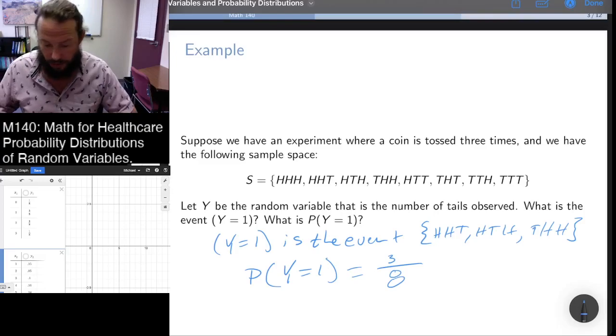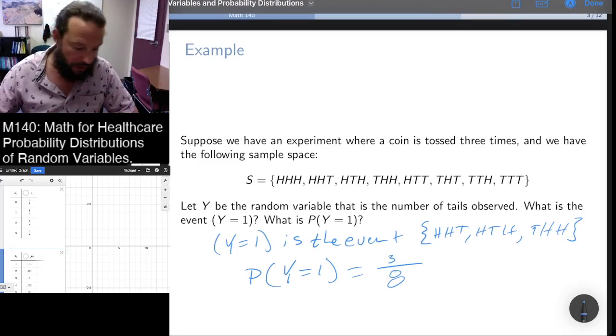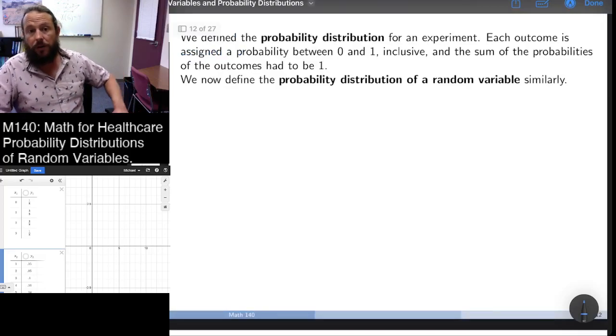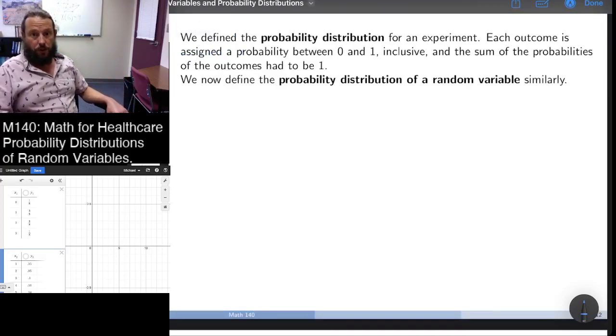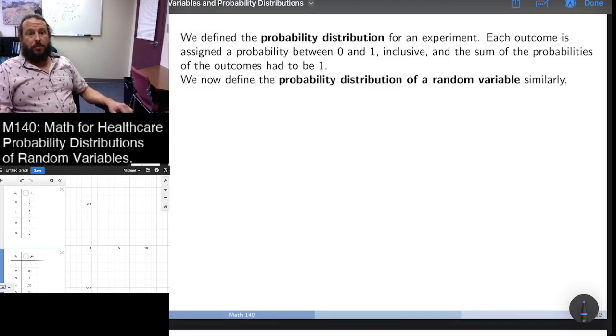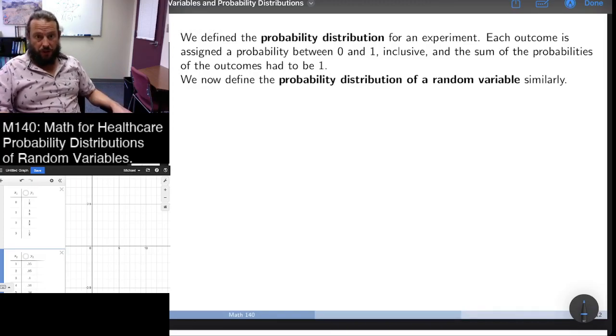Now, so we have these random variables. Where do the probability distributions come in? All right, so we learned already the probability distribution for an experiment. Each outcome is assigned a probability between 0 and 1, inclusive, and the sum of the probabilities of the outcomes has to be 1, right? We saw that in the last section.